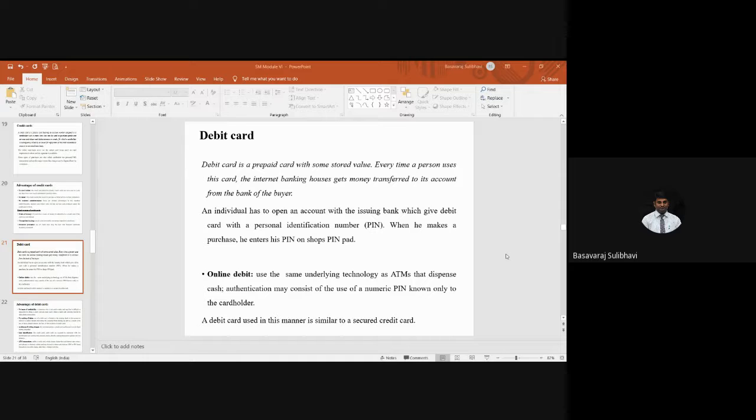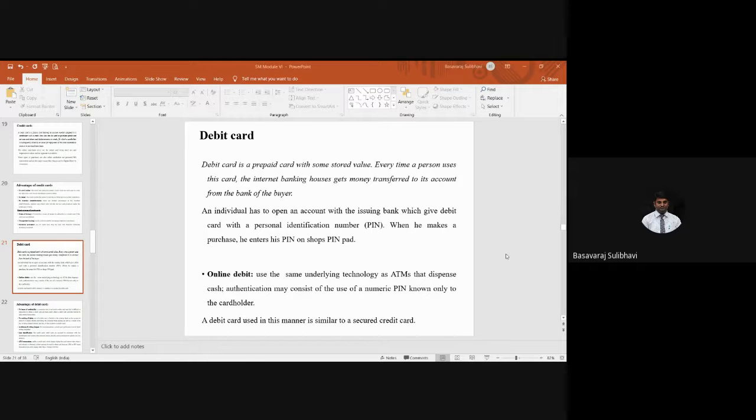This is very widely used, and a minimum thing that any account holder will have with him. These are the cards which we call prepaid cards with some stored value in them. Stored value is nothing but the amount that you have in your bank account, because that will be directly linked to the bank account.